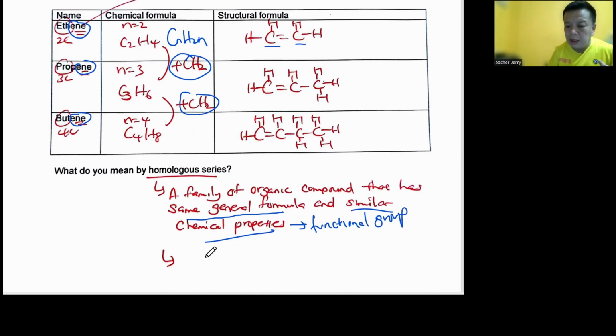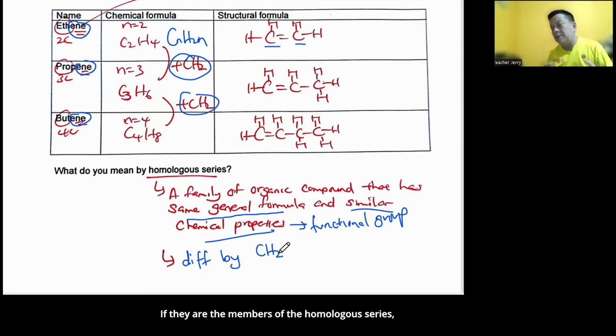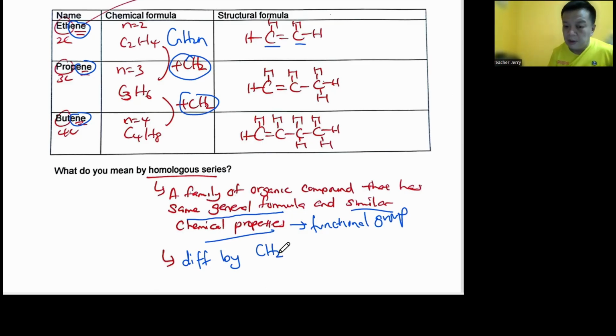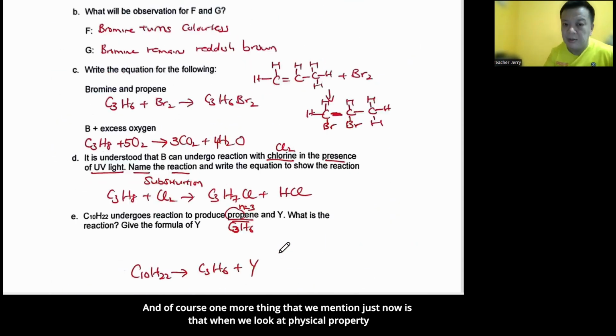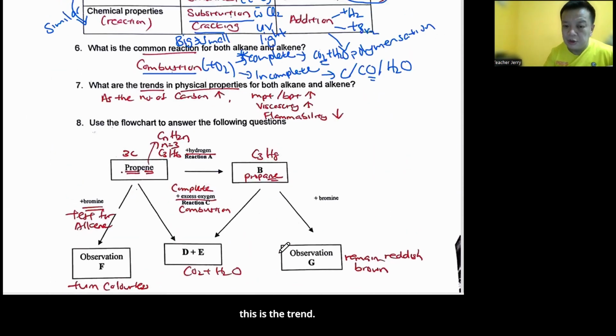You can also say that if they are members of the homologous series, they will differ by CH2 from one another. And of course, one more thing that we mentioned just now is that we look at physical property. This is the trend.